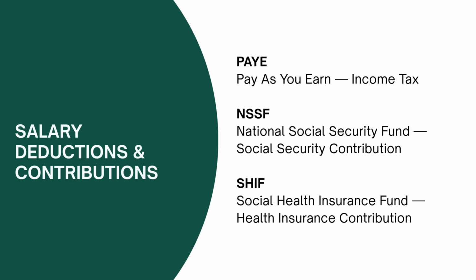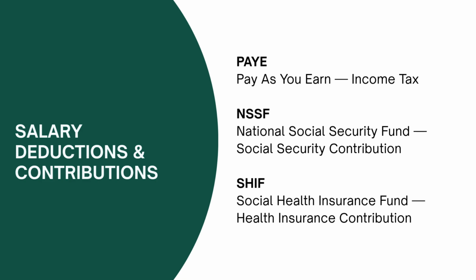The next is NSSF, which stands for the National Social Security Fund. This is a statutory contribution or mandatory contribution towards your social security, and the amount contributed depends on the applicable NSSF rates and earnings. We also have Social Health Insurance Fund, which is commonly referred to as SHIF.